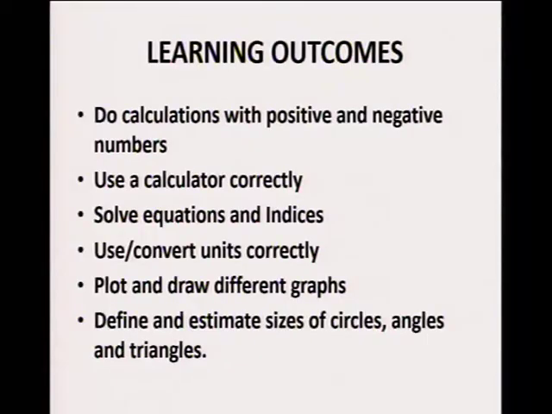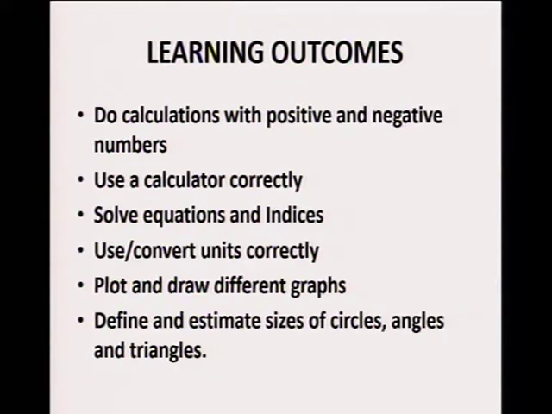Now, in terms of the expected learning outcomes, through the course that we are taking, Policing Mathematics, we should be able to do calculations that involve positive and negative numbers. We should be able to use the calculator correctly whenever we are doing calculations.